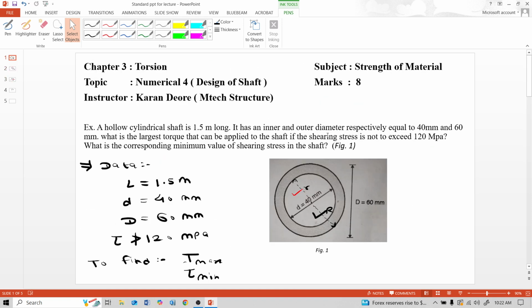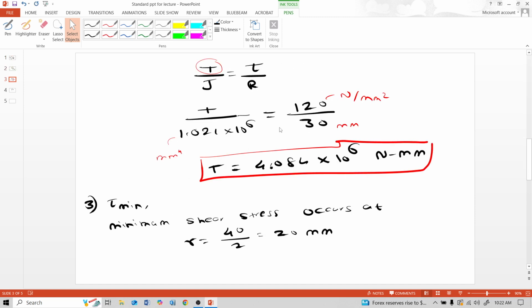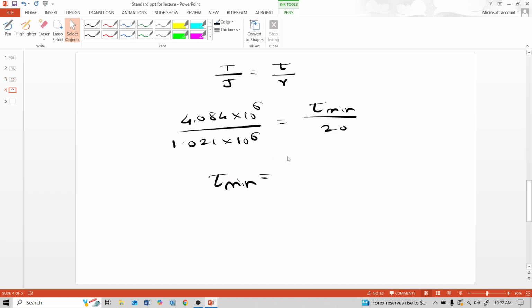See the numerical once again. What is the largest torque that can be applied to the shaft if the shearing stress does not exceed 120 MPa? And what is the corresponding minimum value of shearing stress? Corresponding means for this calculated torque, what is the corresponding minimum shearing stress.